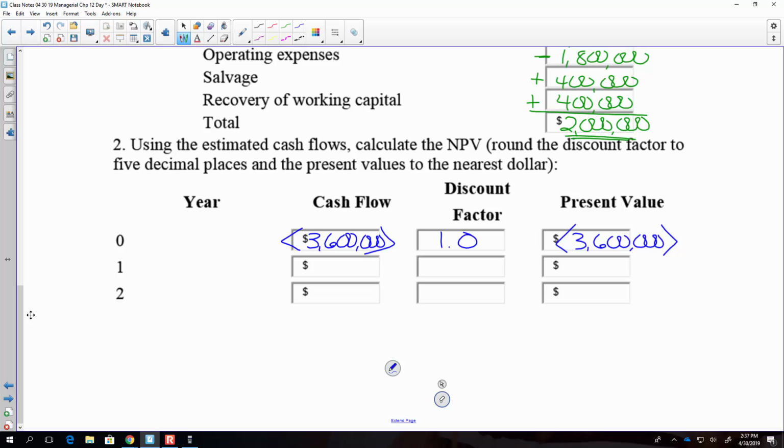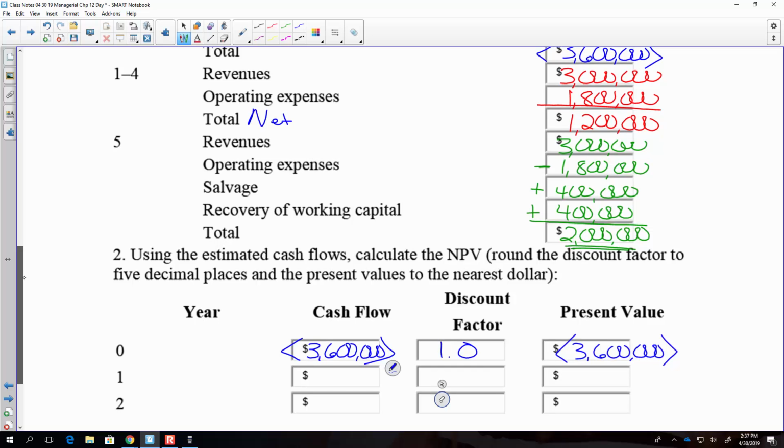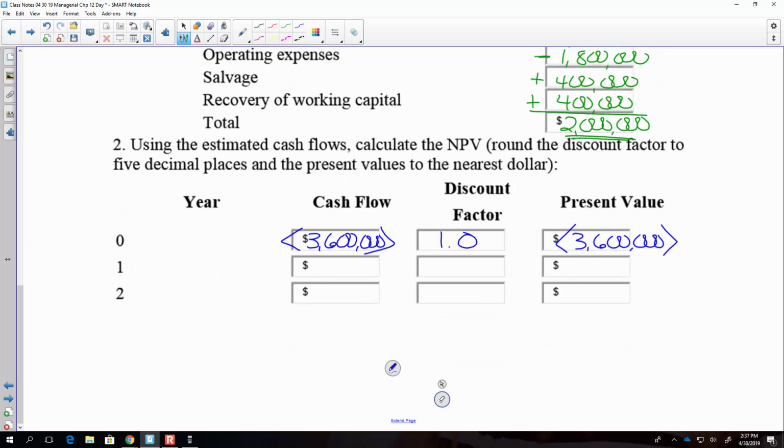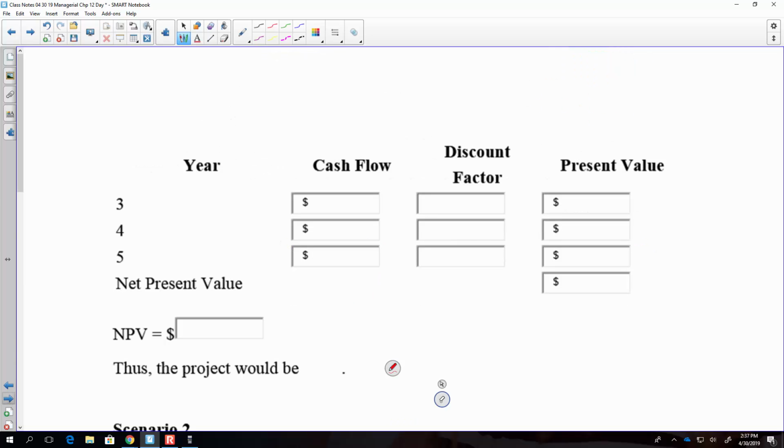After that, in periods 1, 2, 3, and 4, I'm receiving a net cash flow of 1.2 million. So I'm just going to put 1.2 in 4 times. Go to page 2. And then in period 5, I'm going to get that bigger amount, $2 million.